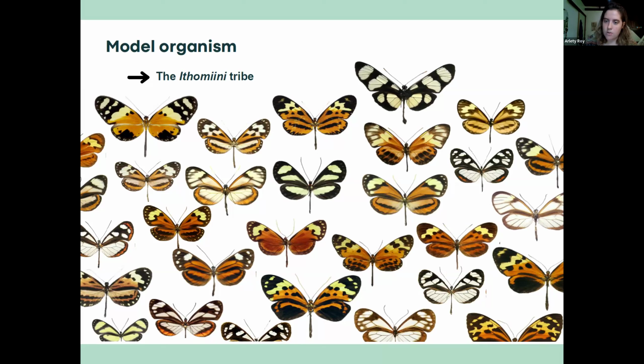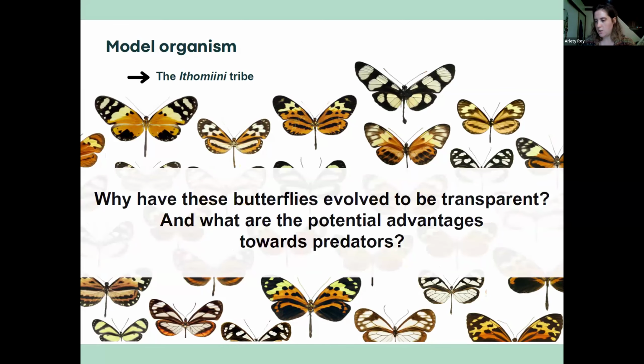Yet, 80% of Ithomiines are also partially transparent in their wings, some more than others. And so why have these butterflies evolved to be transparent, and what are the potential advantages toward predators?